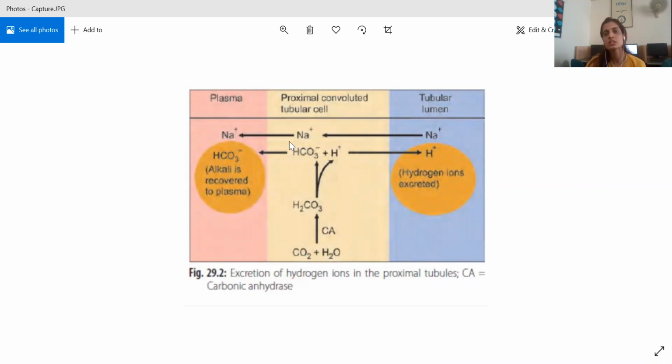Now it is releasing HCO3 minus ions and H plus ions. The HCO3 minus ions are getting into plasma, and these H plus ions are getting into your tubular lumen, right? So this was what I was talking about.